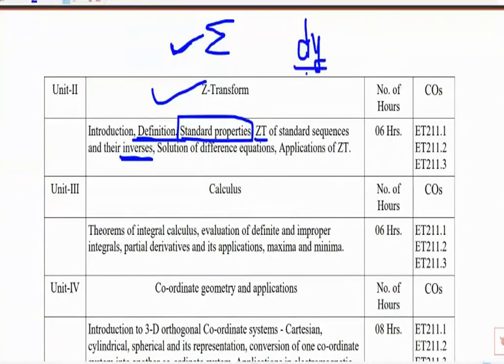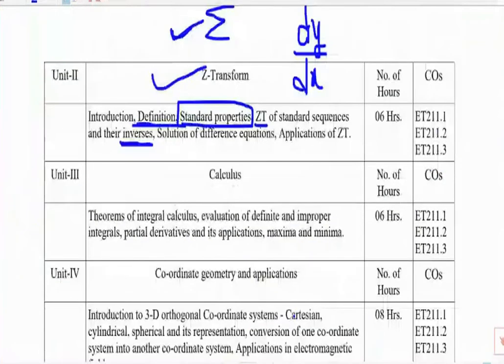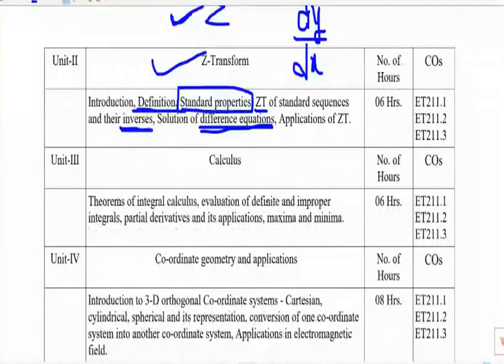But in discrete time, discrete means the signal which is present at some instants of time, we have the difference equation. What we have? Difference equation. Differential, difference, you can correlate a little. So for discrete time signals we have difference equations. So how to find solutions of difference equations, this thing we will also study in Z transform. As well we will learn some applications of Z transform.